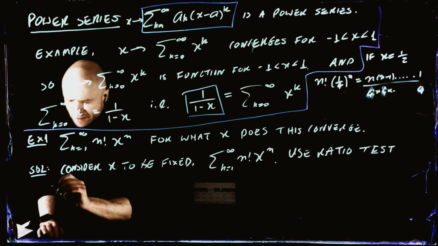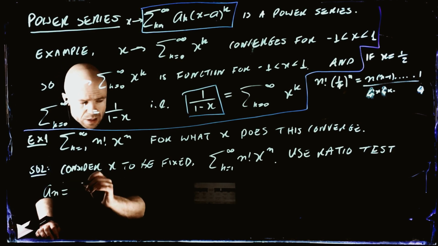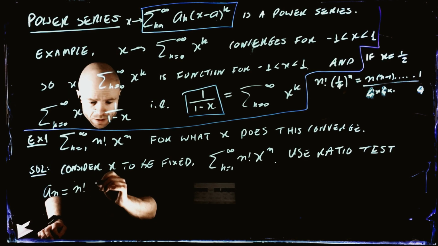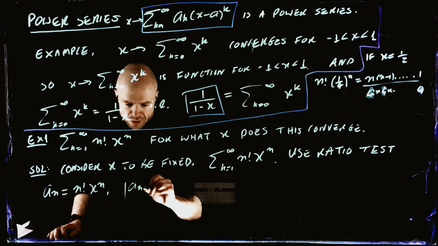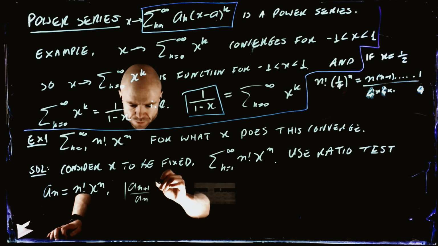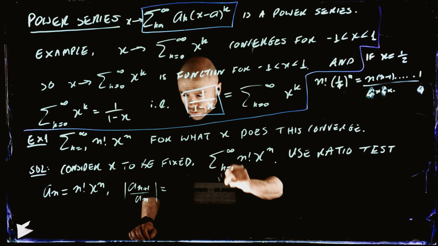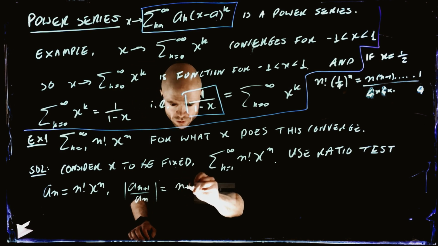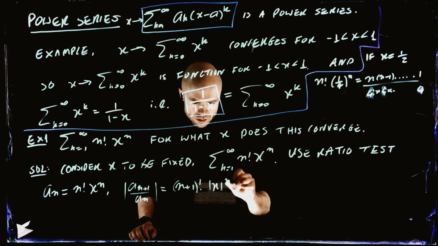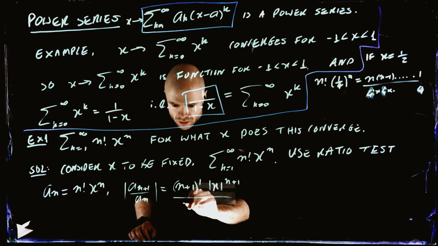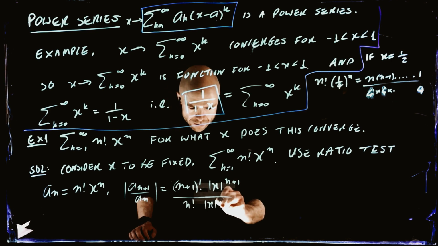So we're considering x to be fixed, so let's write our terms like this. They're just a_n is n factorial x to the n. So the absolute value of a_(n+1) over a_n. What happens? We are going to have (n+1) factorial x to the n+1 over n factorial x to the n.